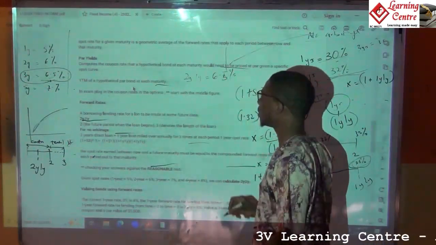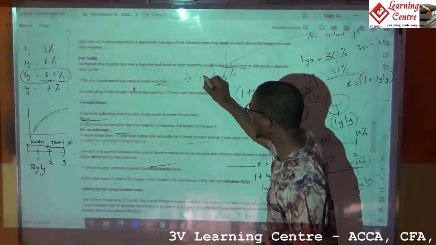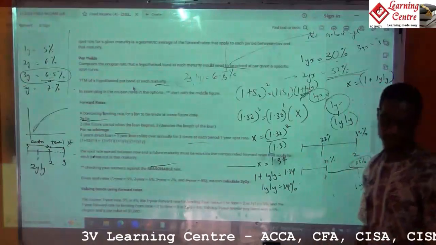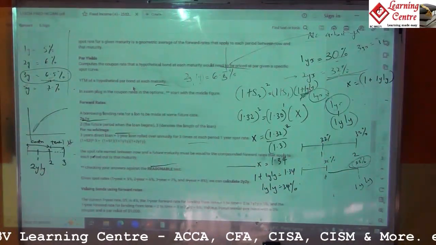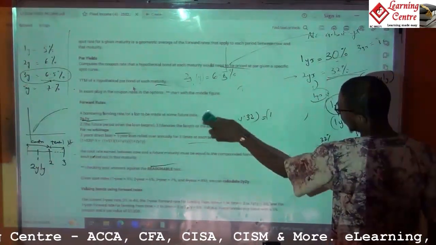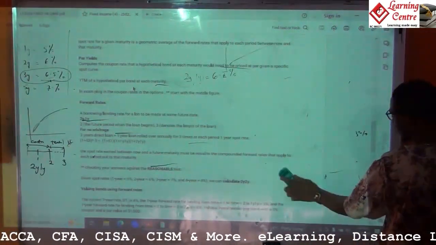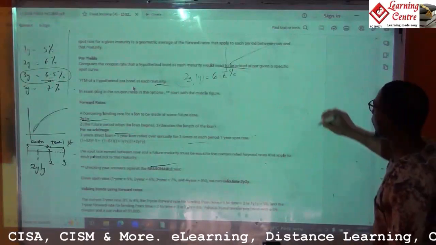This is your quote. Let us calculate the no arbitrage 2 year, 1 year rate and see if the forward is 6.5. So let's do that. You have picked 6.5 yourself. I will then go and calculate, because 6.5 clears the market.